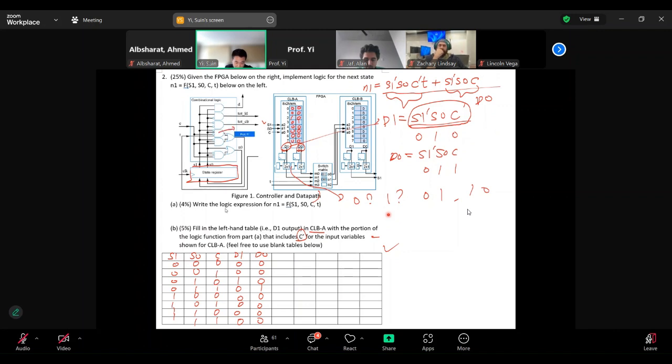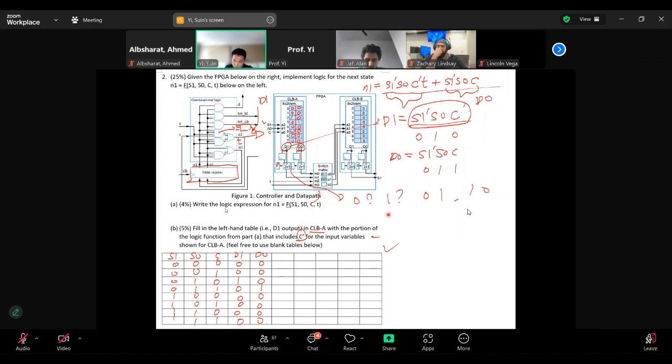This AND gate is split into two different parts. So what you obtain, D1 is actually located at this point, and there is no flip-flop at all. So you do not need a flip-flop for D1.